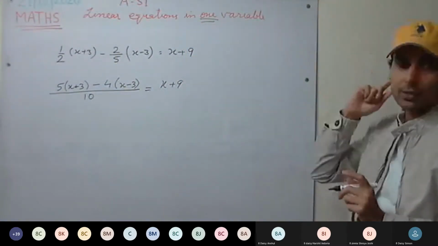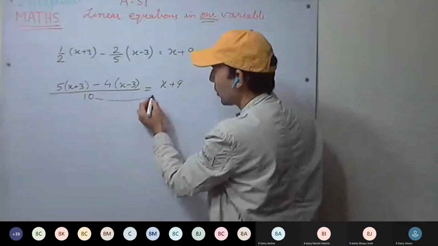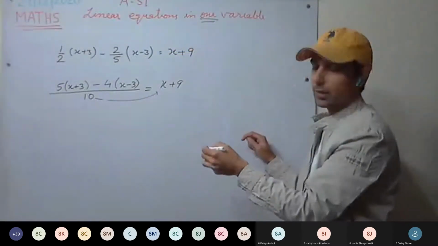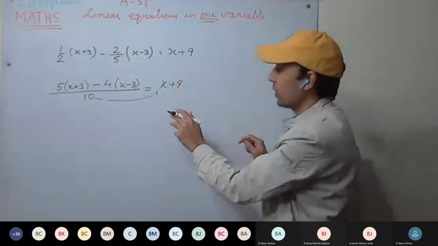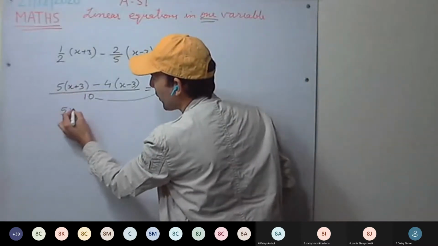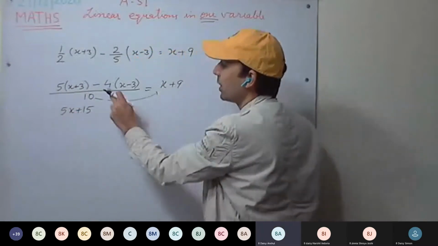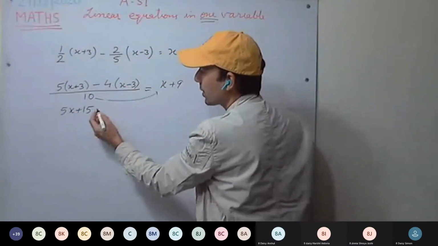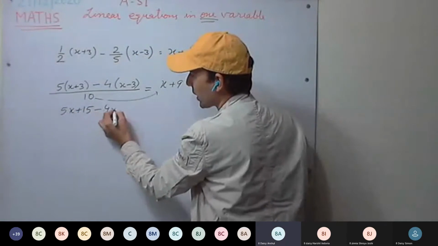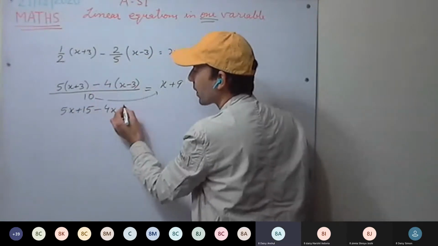Now simultaneously we can do two things. We can transfer this 10 on right hand side. That kind of a cross multiply only, and we'll solve this as well. 5 into x, 5x plus 15. Minus 4 into x, minus 4x. Plus 12.